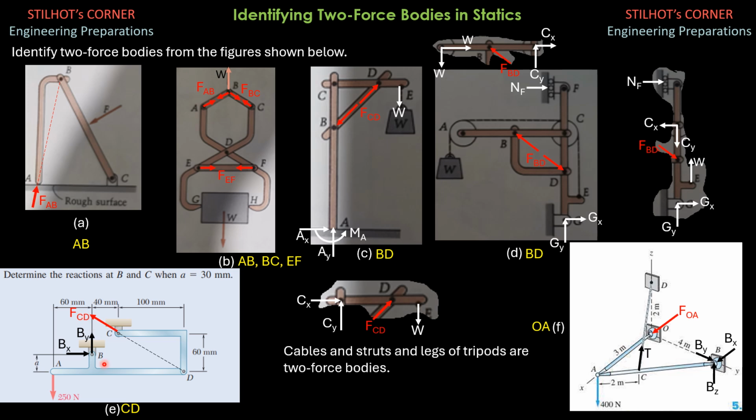So summation of moments about B, you can solve for the magnitude of that force FCD. Knowing that, you can sum up forces X equals 0 and summation of forces Y equals 0, and everything can be found. Then you may transmit FCD here, then check by summing up forces X if it is 0, and summation of forces Y if it is also 0, to validate your answers.